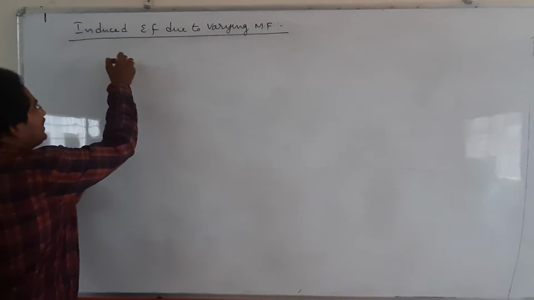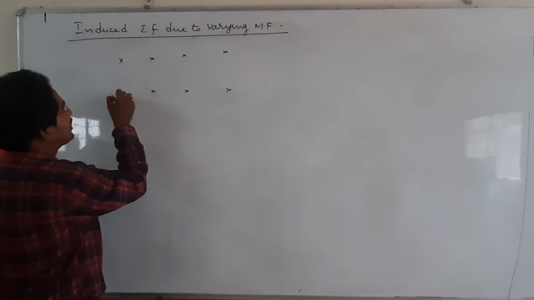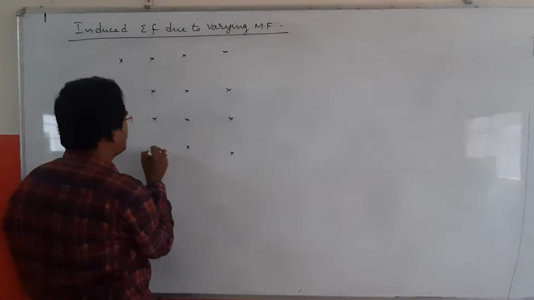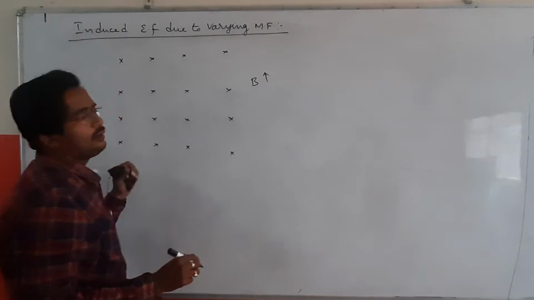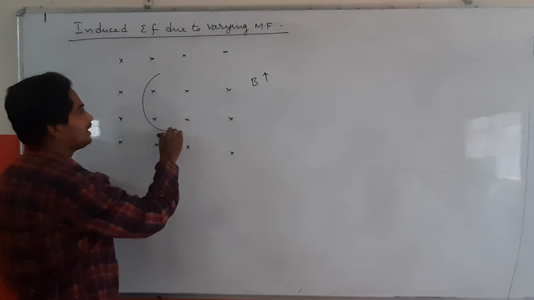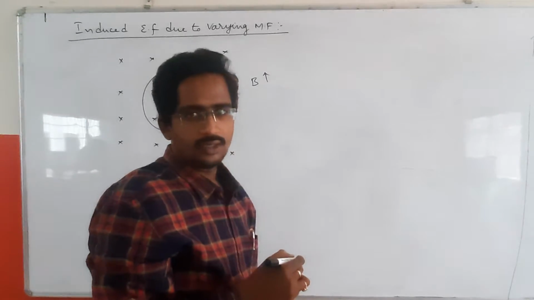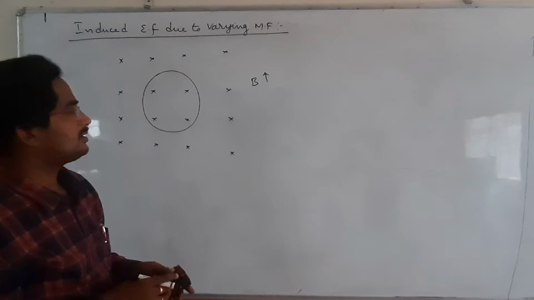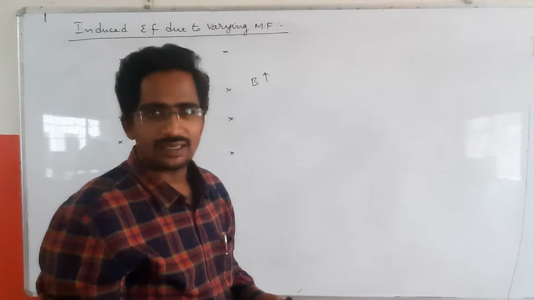For example, consider a magnetic field of induction B, a variable magnetic field. For example, B is increasing. If you have placed a coil in this, according to Faraday's law there is induction of EMF in this coil such that the induced current is opposing the growth of B, right?